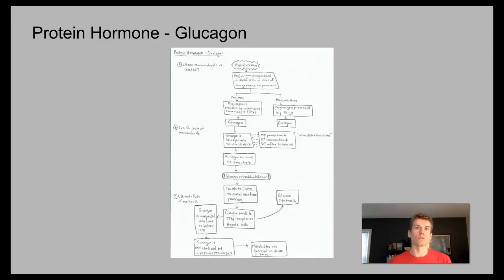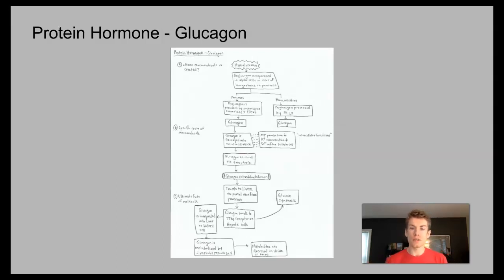Glucagon production starts with the expression of a precursor called proglucagon from within the pancreas, as well as this process also takes place in the intestines or the neurons. Proglucagon is processed by an enzyme called prohormone convertase 1 and 3, or prohormone convertase number 2.